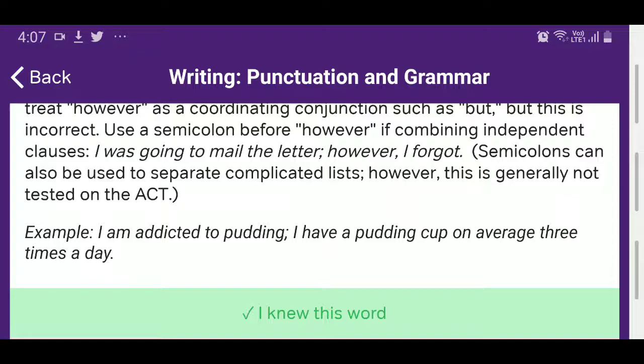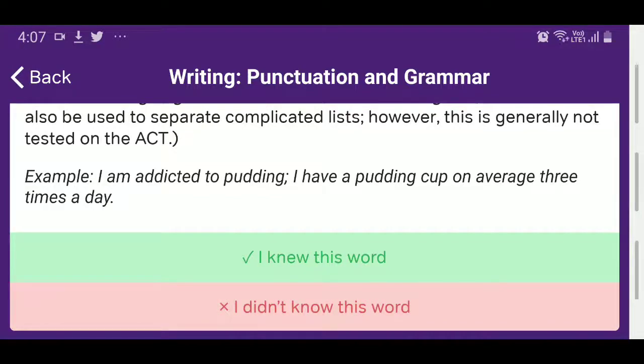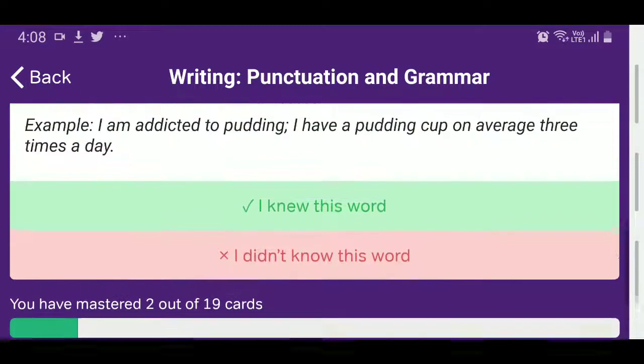So a semicolon is used to separate these two parts of the sentence. But the key is that you have to use a semicolon to separate two sentences which are complete. So a semicolon is an alternative for a full stop. So here you have got a semicolon and you can use it.